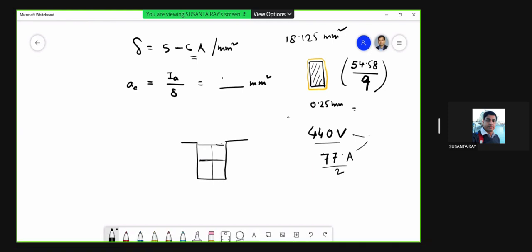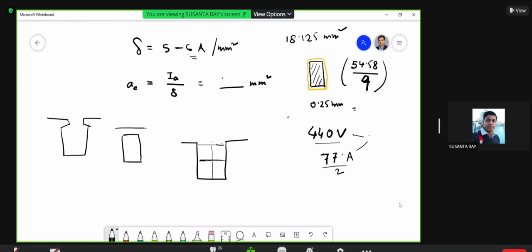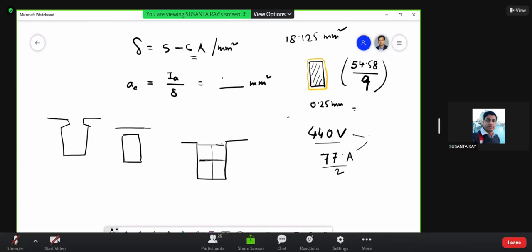Sometimes we also use a wedge at the top, because we use the open slot, which is this type of slot. There are other slots like semi-closed slots, which are used in induction motors, or sometimes closed slots like this.